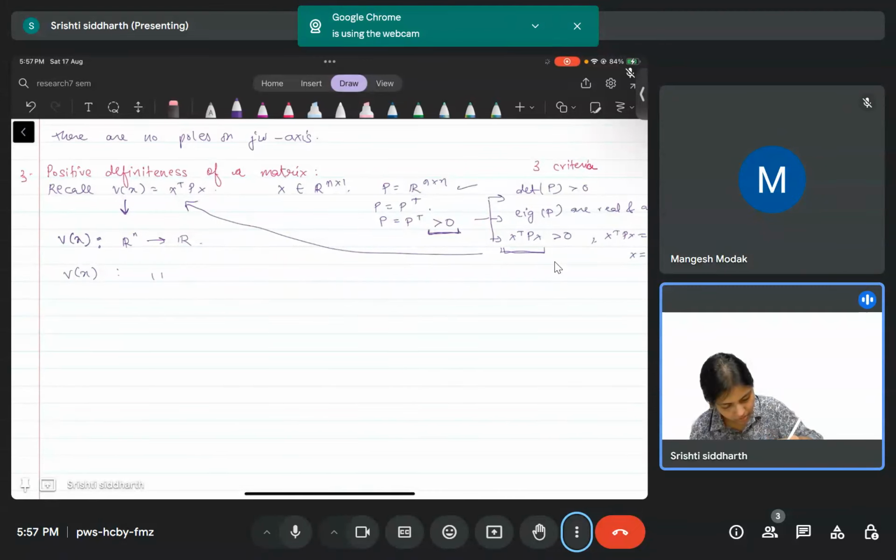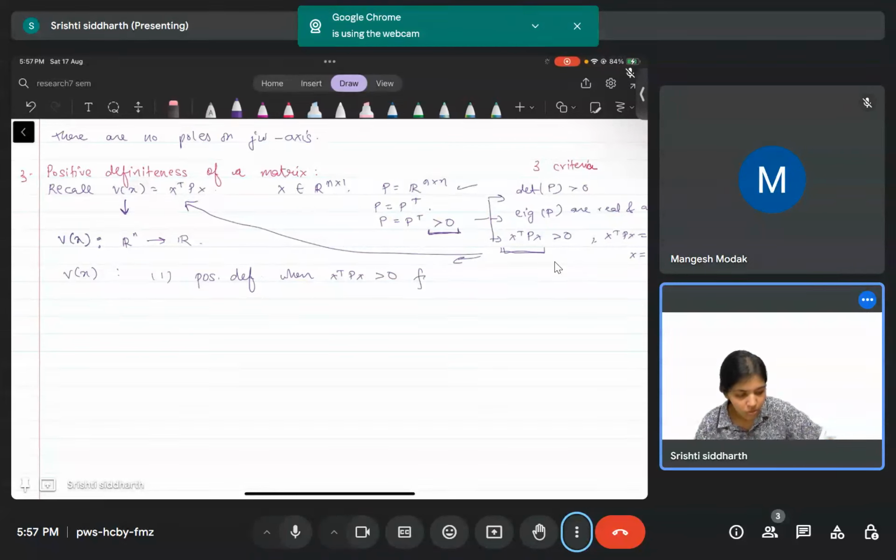When V(x) is greater than 0 for x not 0, and x transpose Px equals 0 only when x is 0. Then negative definiteness.